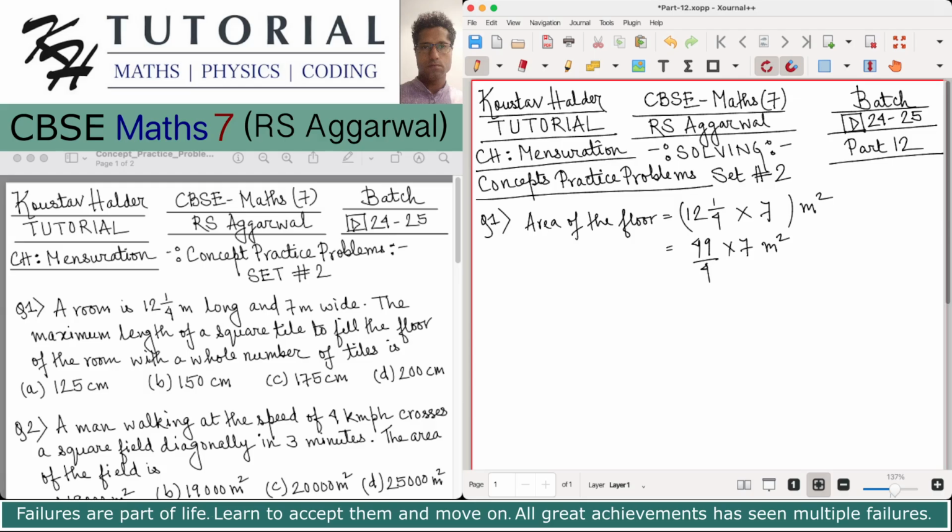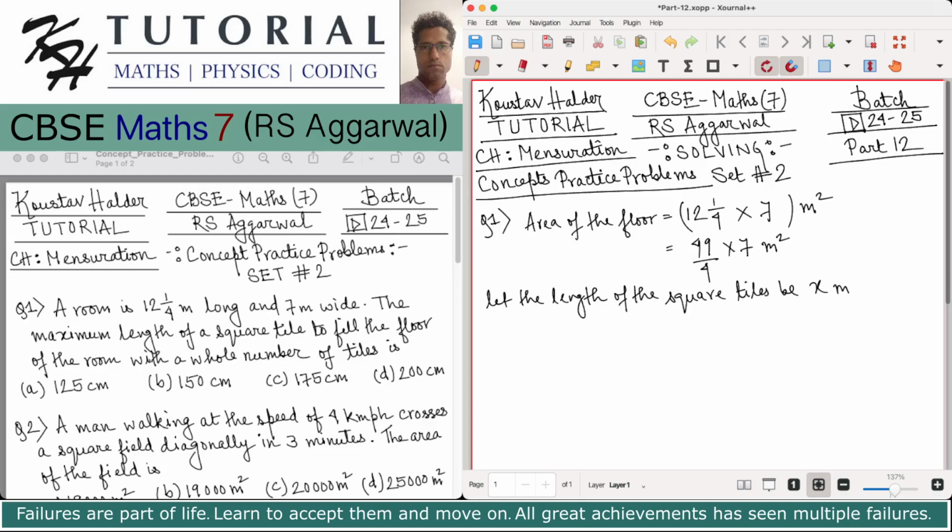Okay, so let the length of the square tiles be x meter. Let the length of the square tiles be x meter. The maximum length of a square tile to fill the floor of the room with a whole number of tiles.